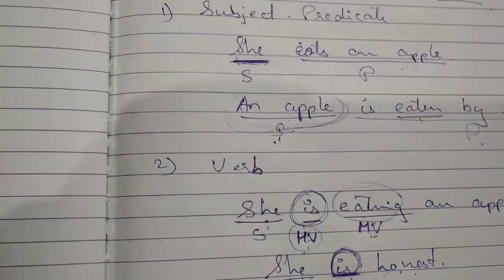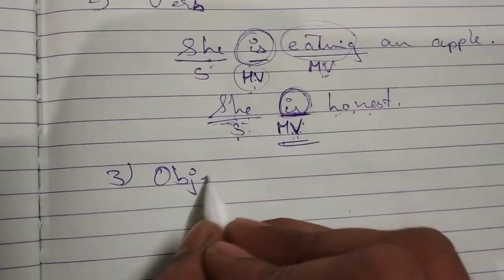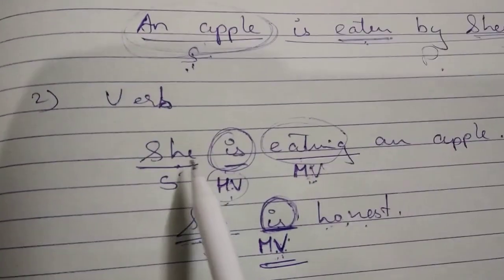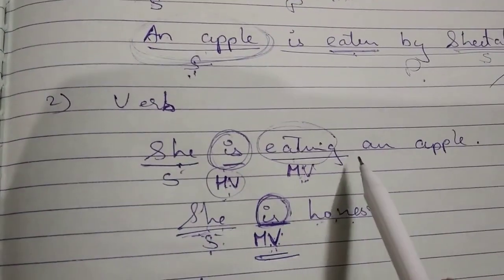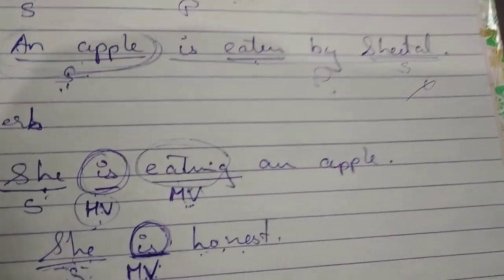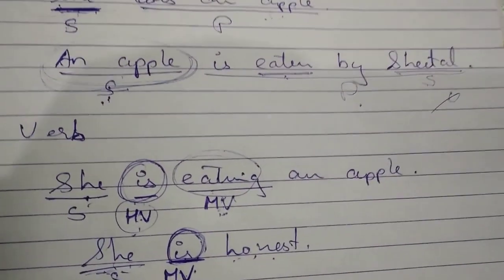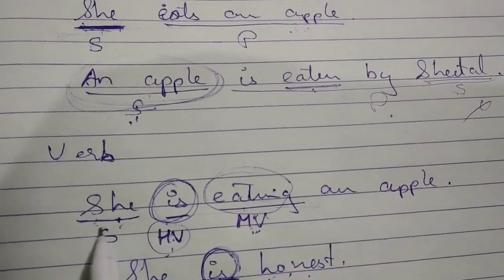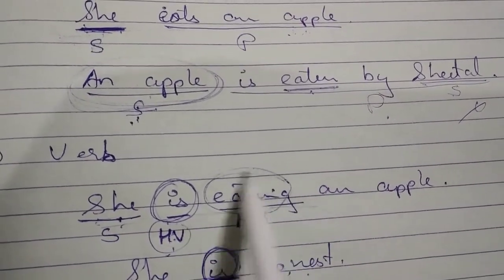That is object. Now what is an object? See over here, in this example. An object is the thing on which the action is performed. Now see in this example, which is the action word? Eating.